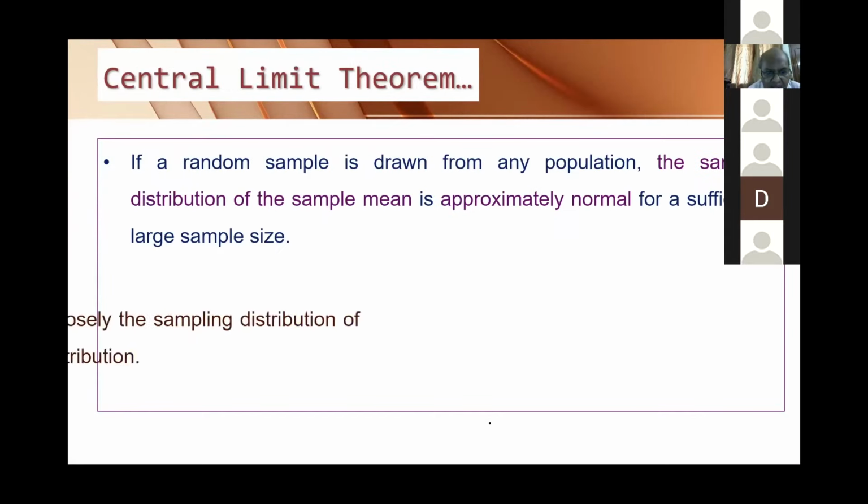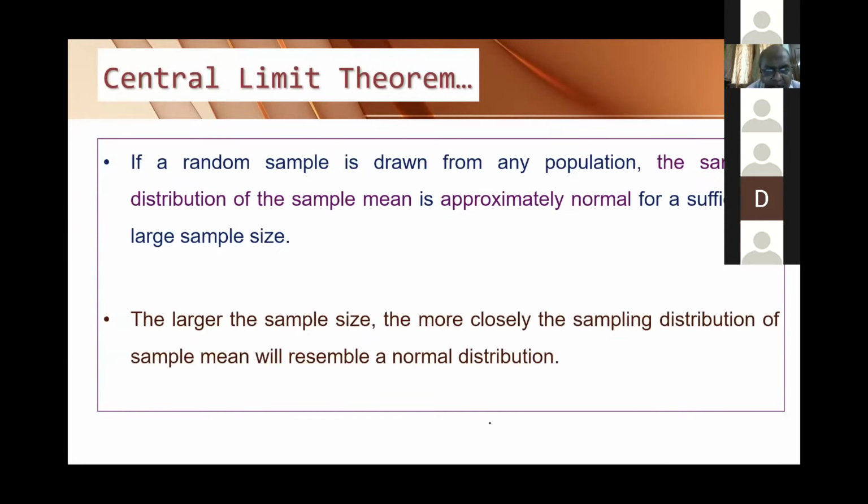Certain points about the Z-test. In that regard, you have to understand what is called the central limit theorem. It says the sampling distribution of the sample mean is approximately normal for a sufficiently large sample size.